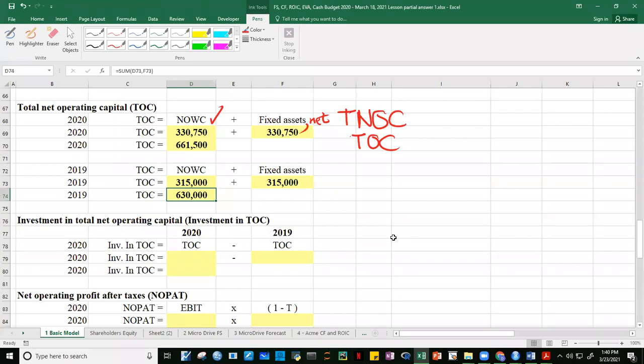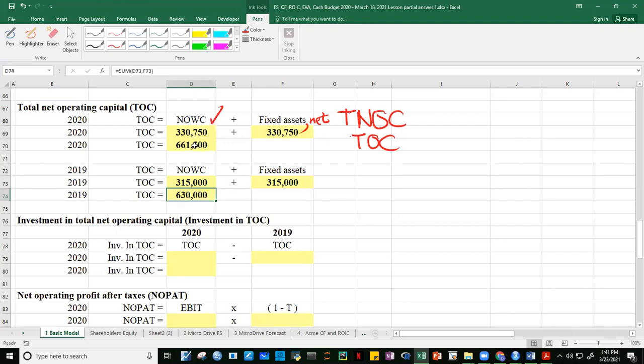And then in 2020, it jumped to a total of 661,500. Ibig sabihin, did the company provide management with a greater amount of operating capital? Yes or no, guys? Pakichat kung yes or no. Kasi noong 2019, 630 lang.